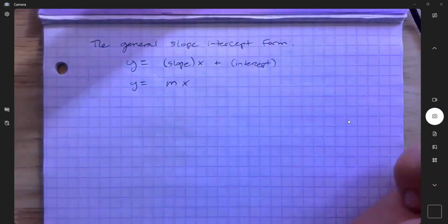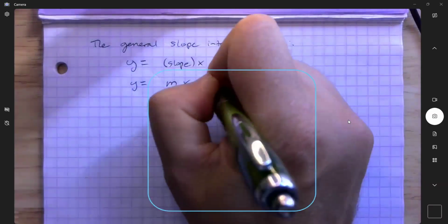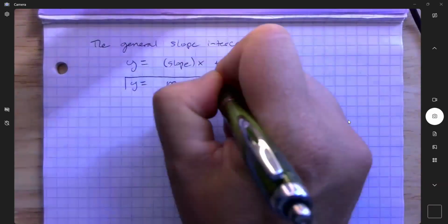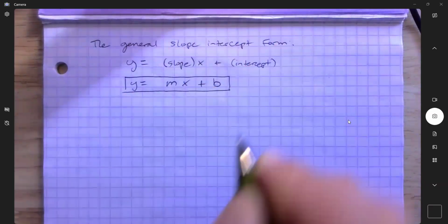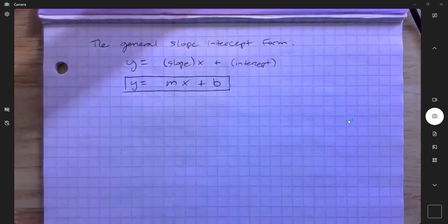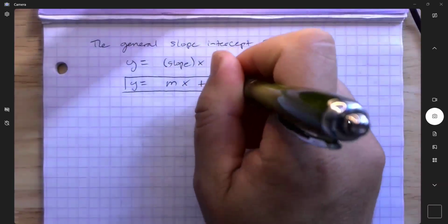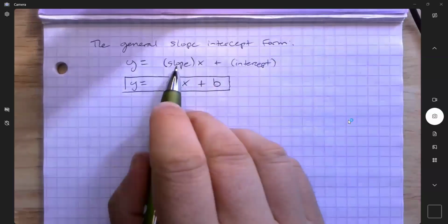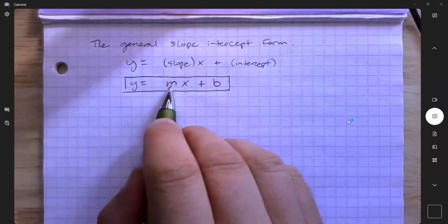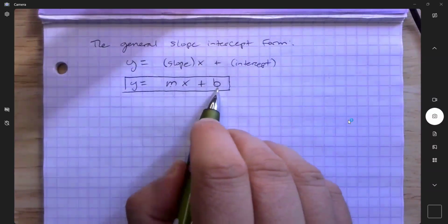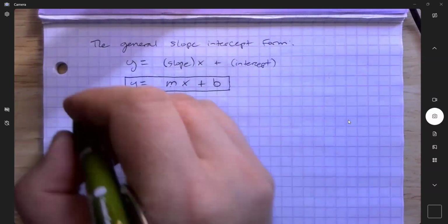I don't have any idea why. And the letter b for the intercept. It's called slope-intercept form because if we go from the symbolic version to a graphical version, this number is the slope of the line, and this number is where the line intercepts the y-axis.